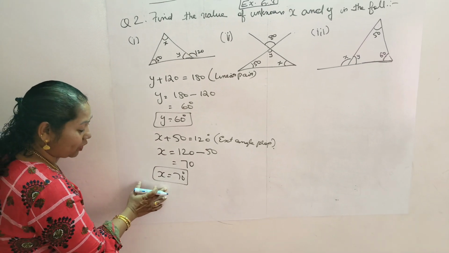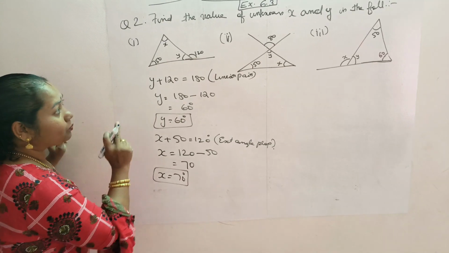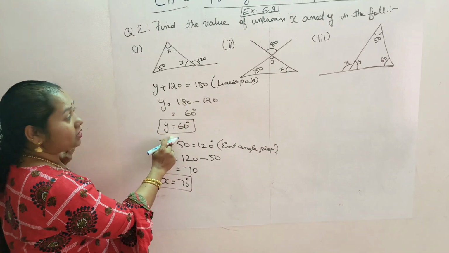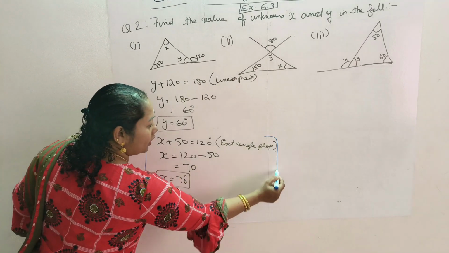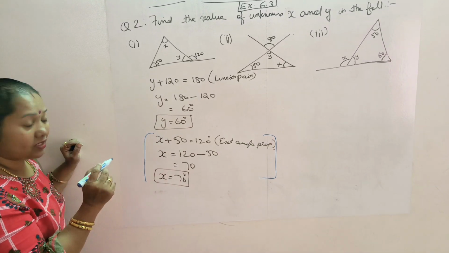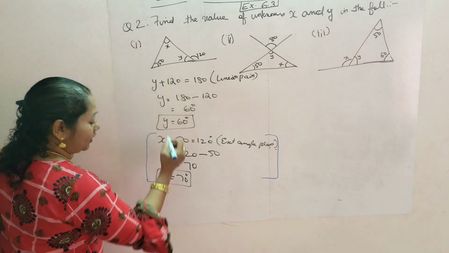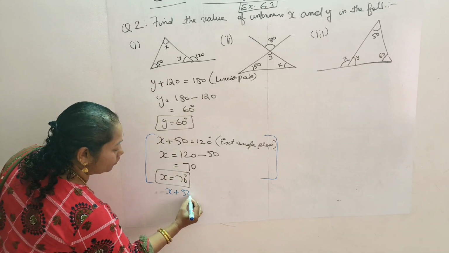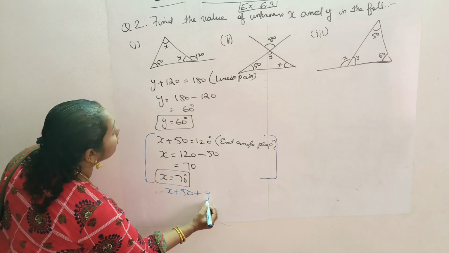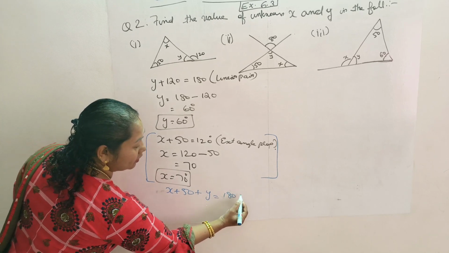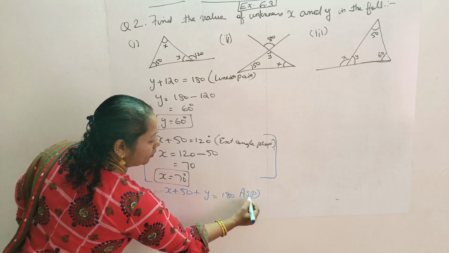But we can get the value of x in one more way. How? We got the value of y, right? In this one, we took the exterior angle property. In the same way, we can use the angle sum property also. Like x plus 50 plus y is equal to 180 degrees, angle sum property.